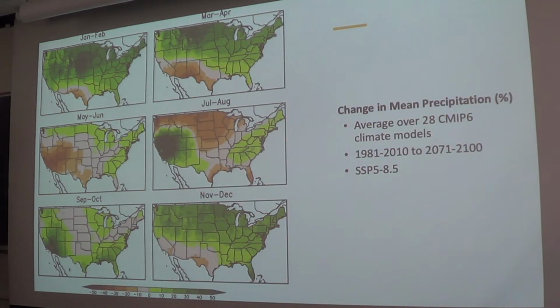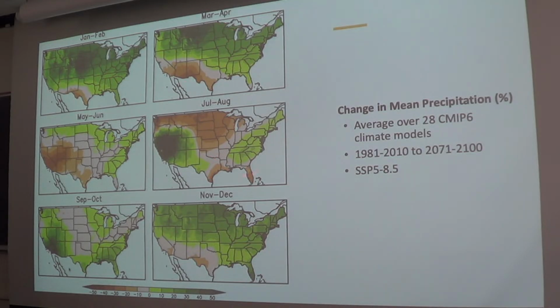But then this is just looking at the mean change for the end of this coming century. And here I averaged over all 28 climate models that have data here. I'll go over the general features: during the cool season, it gets wetter in the north, like November to December, January, February, March, April.